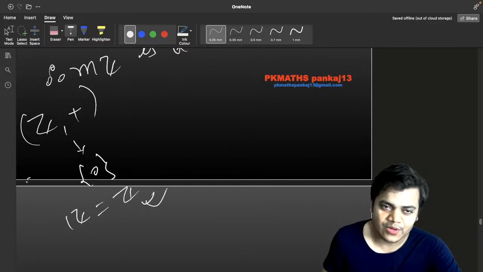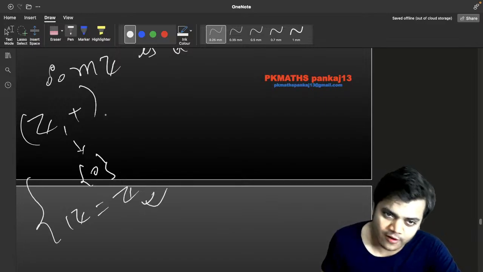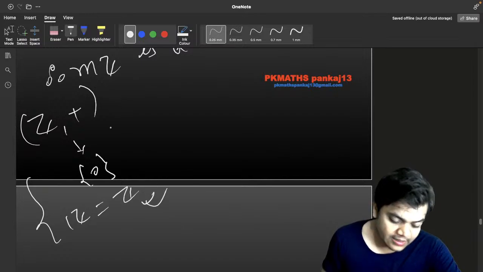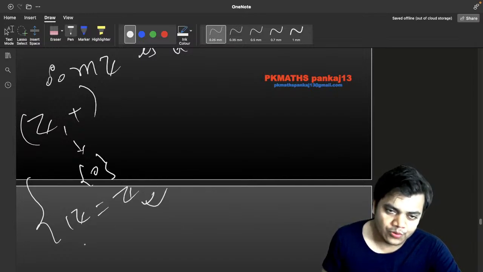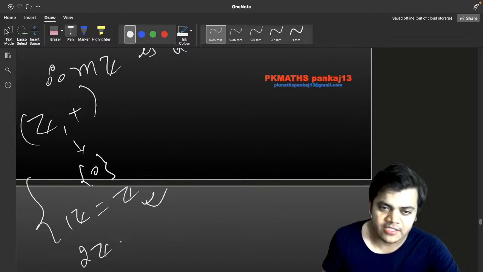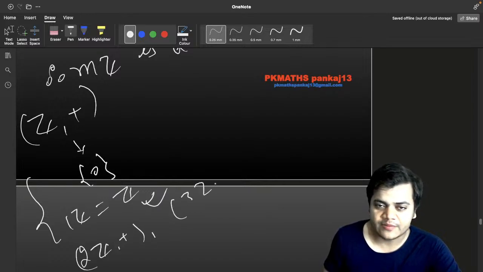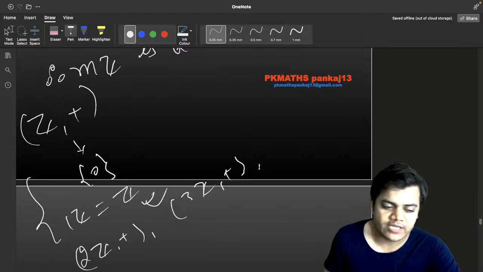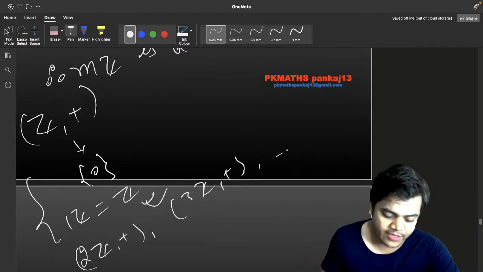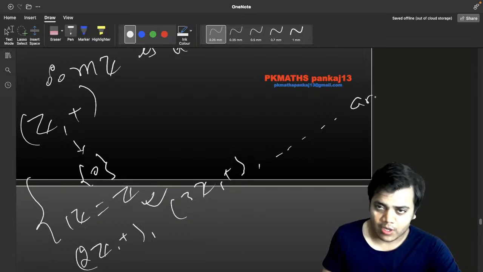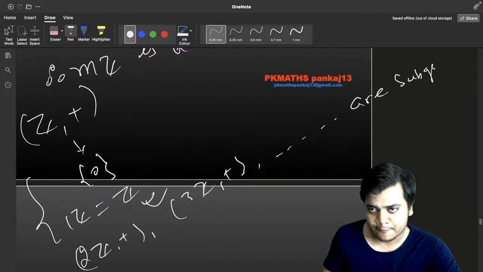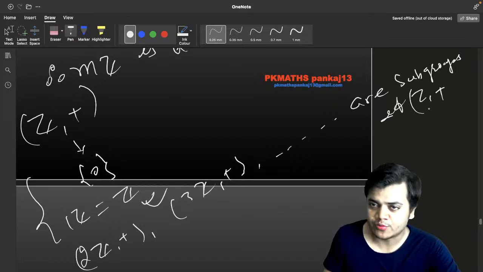So these two are very obvious subgroups of Z, but except these two, there are infinitely many subgroups, like 2Z with respect to addition, 3Z with respect to addition. Because mZ is a subgroup of Z, all of these are subgroups of Z with respect to addition.